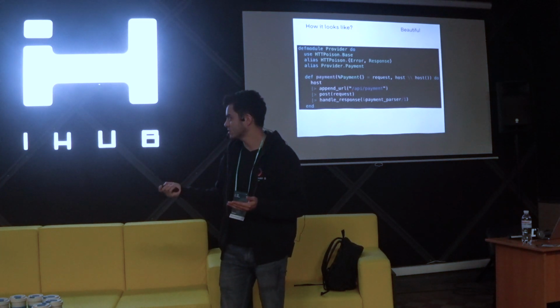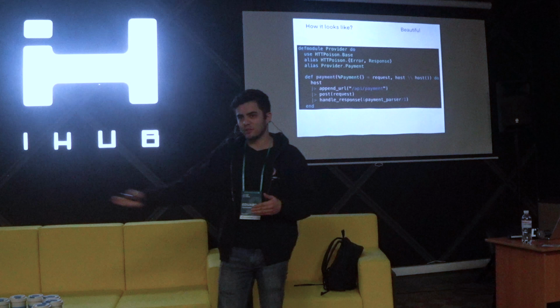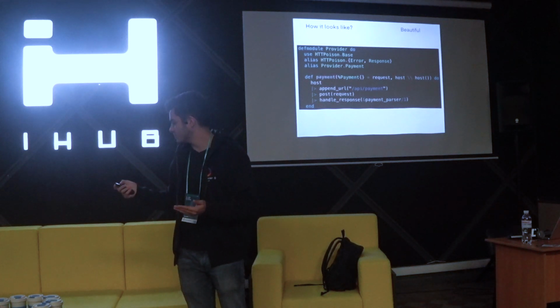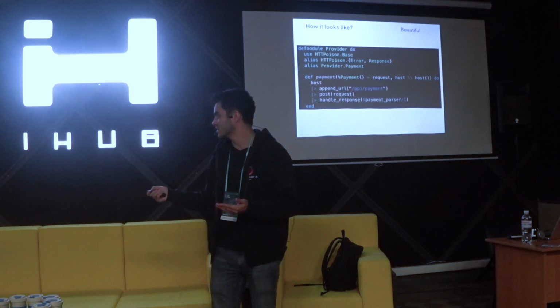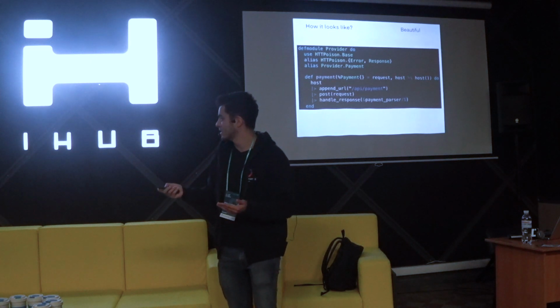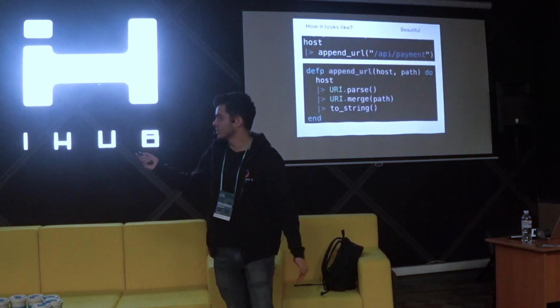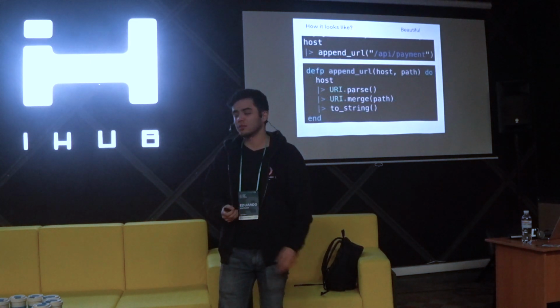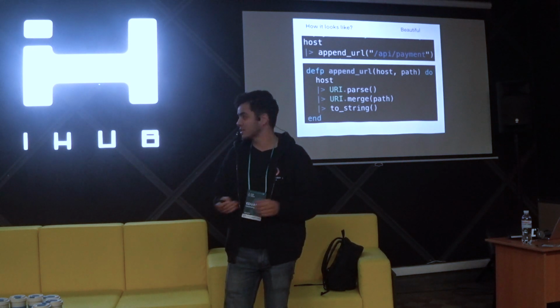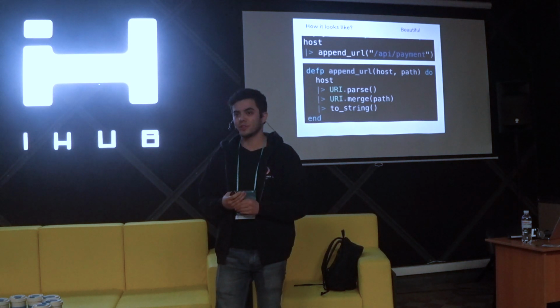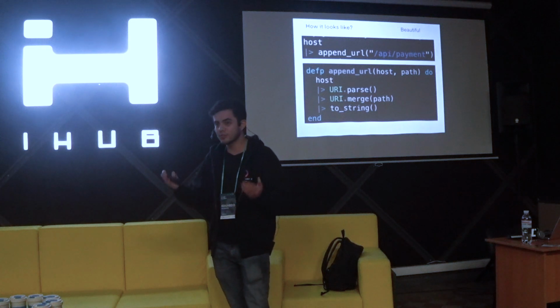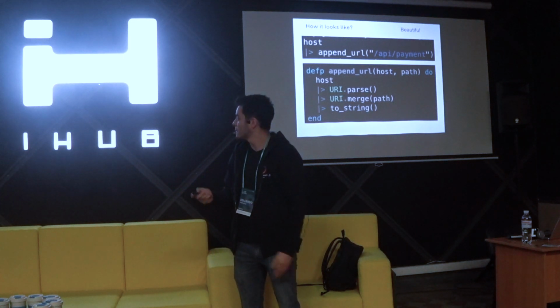We just have a host. Then we have a path for every endpoint. We make a post request, and then we handle the response, right? Here, we like to use the URI struct just to make sure that everything is going well, that you don't have some random string in your configuration.